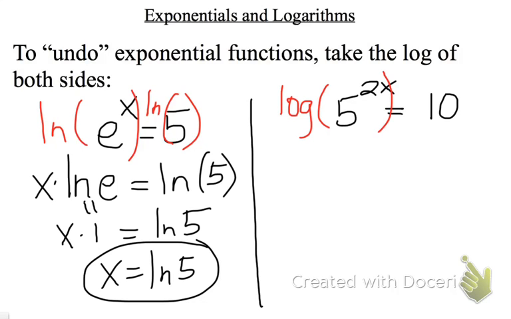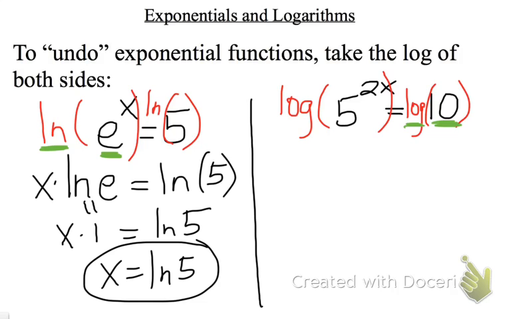Take the common log of the left side, the common log of the right side. I chose the natural log in the first example because I knew that problem involved e. In this problem I saw that there was a 10, and so I chose to use the common log in deciding which base to use in my logarithm.